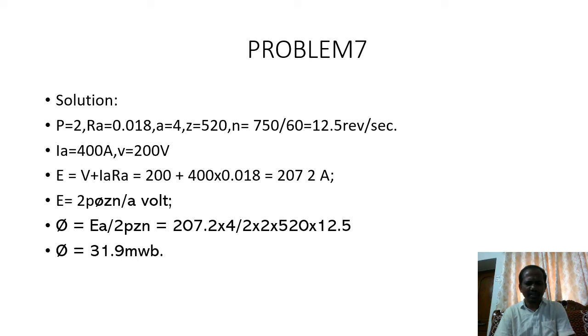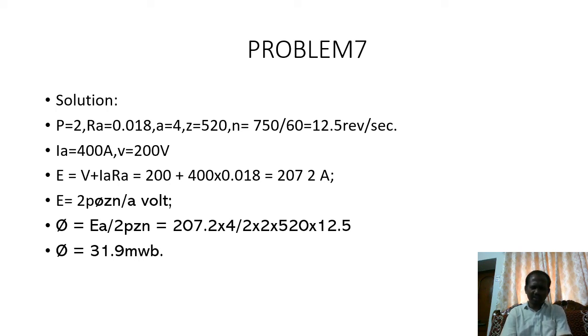The type of winding given is a lap winding, having the number of poles 2. Armature resistance is 0.018. Number of parallel paths is 4. Number of conductors is 520. Speed N is 750 by 60, 12.5 revolutions per second.